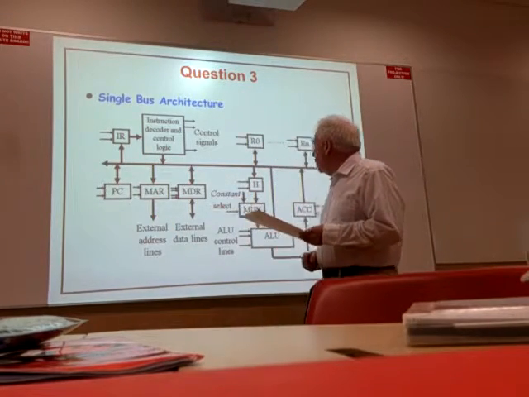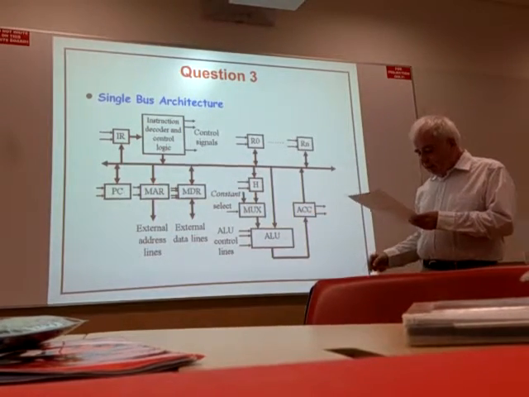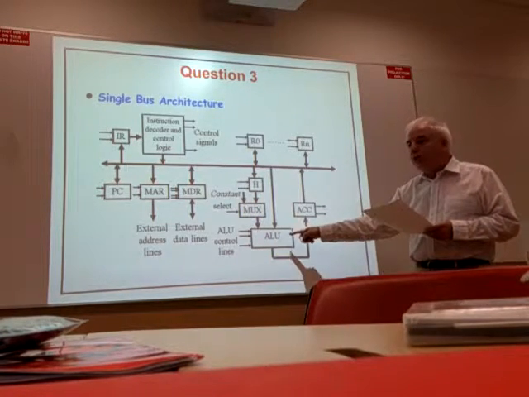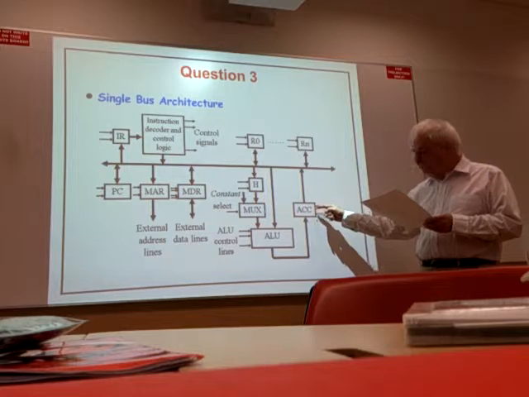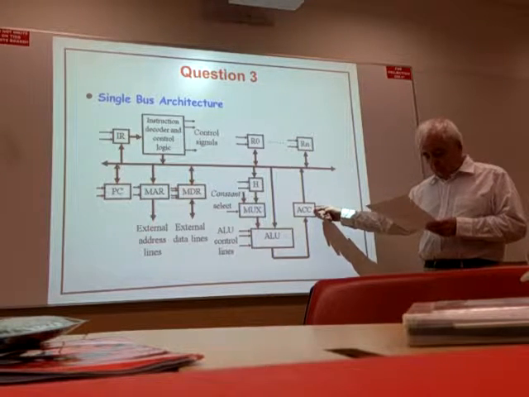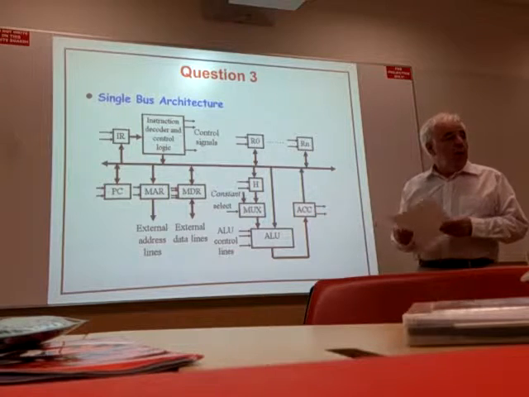And also in 1B, we can add together the constant and the previous value of the PC and put that into the register ACC.